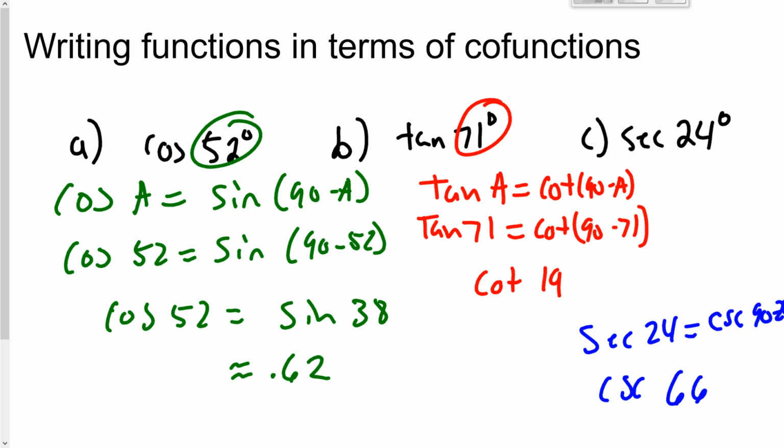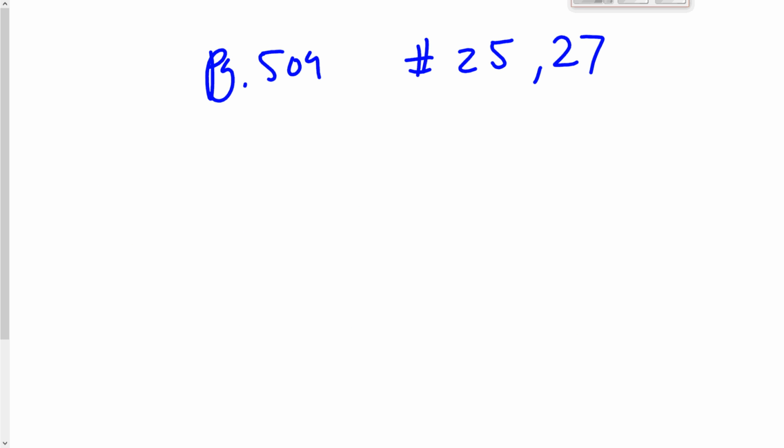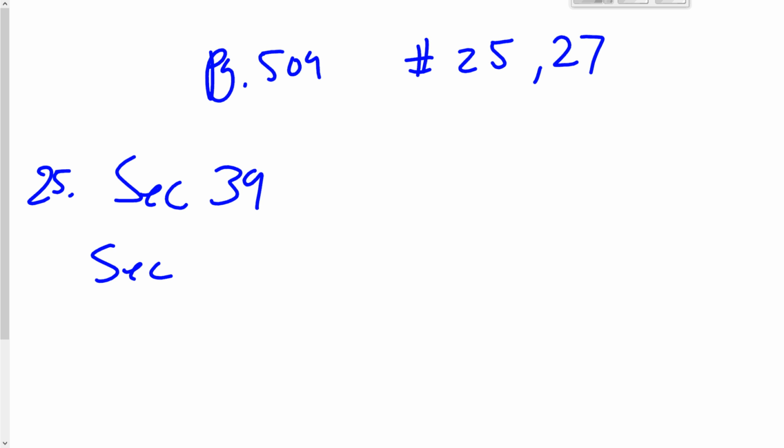So let me do a problem for you. On page 509 we have number 25 and number 27, and we're finding cofunctions. We want to write the cofunction of this one. Number 25 is secant of 39. Remember, secant is related to cosine. Its reciprocal is cosine, but its cofunction relates to cosecant.